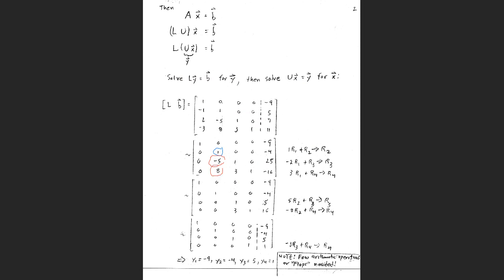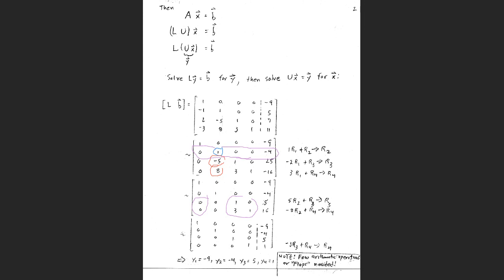But again, because we have lots of zeros in our second row, when you do the row operations, a lot of the numbers just stay the same. So this is the beauty of this.